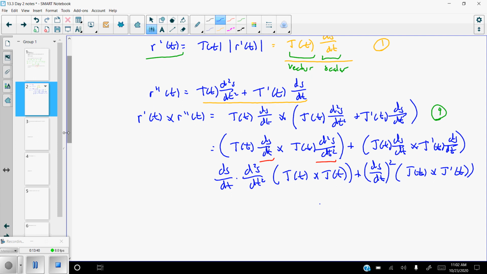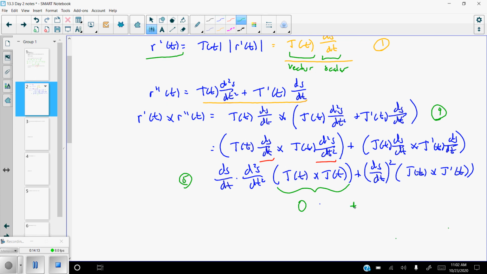Okay, now we're down to the point where we can use formula number 5 for this one particular. Right here, I've got a vector cross with itself. A vector cross with itself, using number 5, is 0. So that whole term is 0 times ds over dt times d squared s over dt squared. It's all 0. Wonderful. That whole thing is gone.